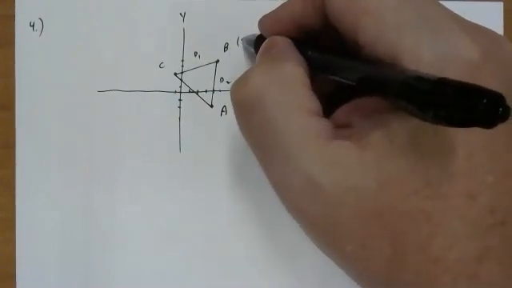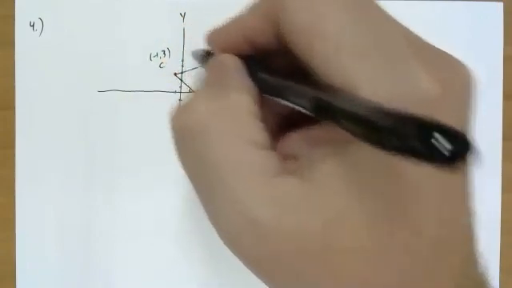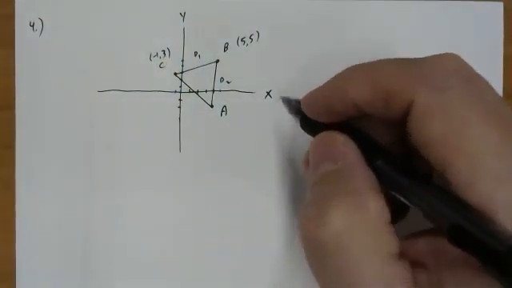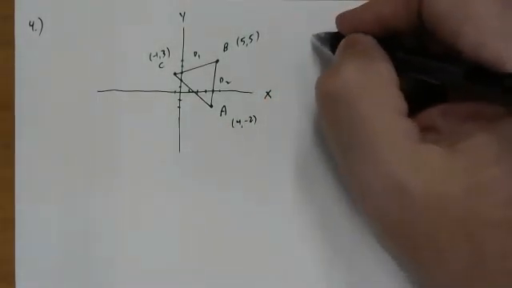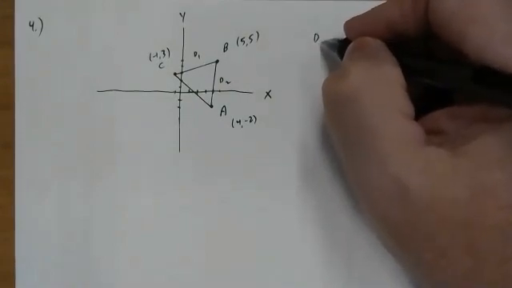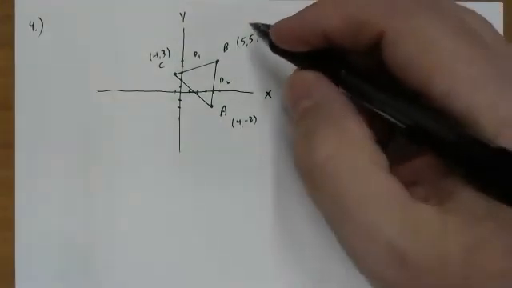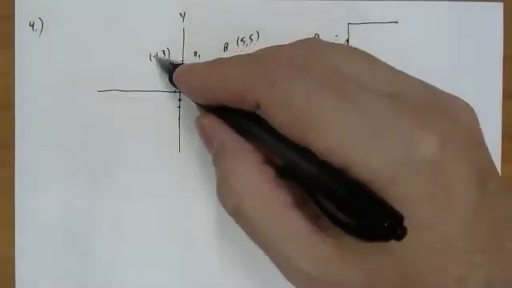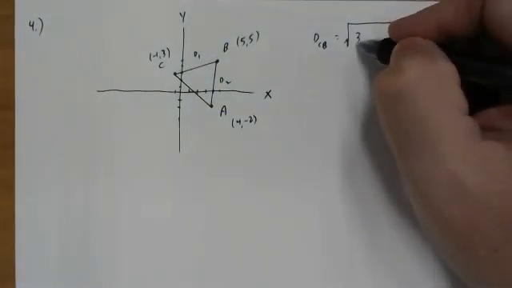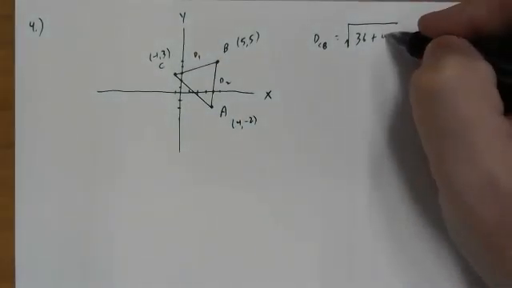So this one's 5, 5. C is -1, 3. And A is 4, -2. So let's just call this distance from C to B. 5 minus -1 is 6. 6 squared is 36. 5 minus 3 is 2. 2 squared is 4.